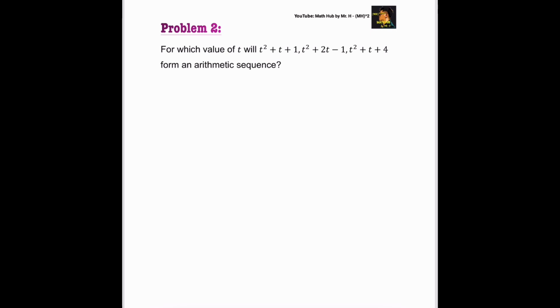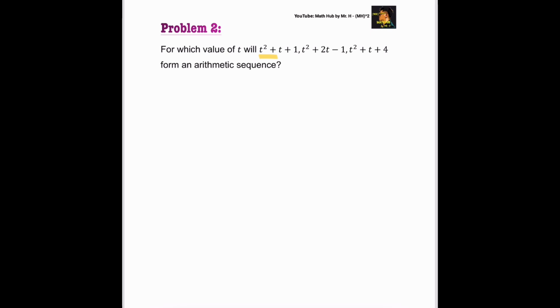Don't get rattled by the polynomials here, all right? Like other questions, this is an application of arithmetic sequence, okay? It's just that the question is asked in a different form. So we were given 3 trinomials.